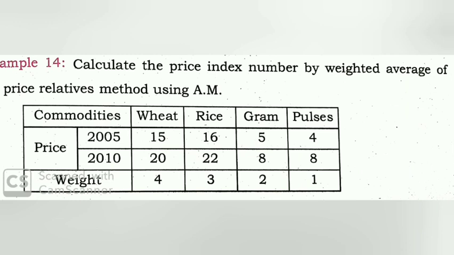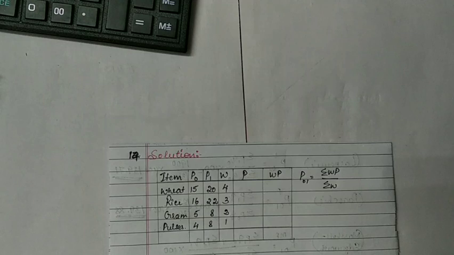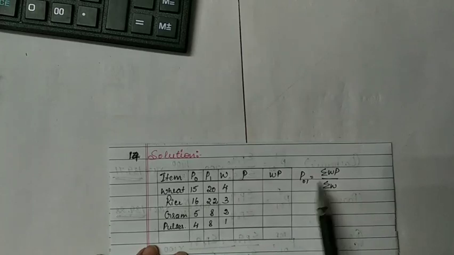Let's see how to calculate this problem now. We are given items, P0, that is price of base year, price of current year, and weights, isn't it? And we are asked to calculate arithmetic mean. The formula is summation WP divided by summation W.